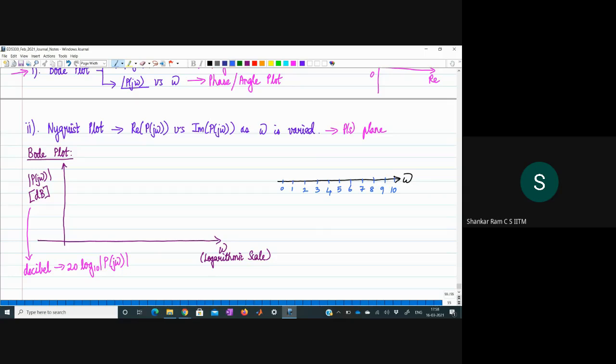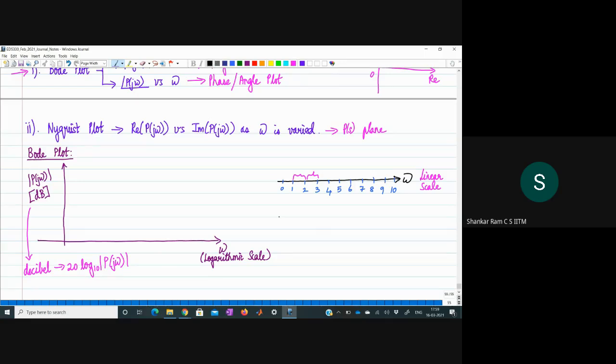If I am using a linear scale and I subtract two equally spaced markers, the difference is going to be the same. If I subtract the values of 2 and 1, and 3 and 2, I will get the same value, which is 1. That is an example of a linear scale.